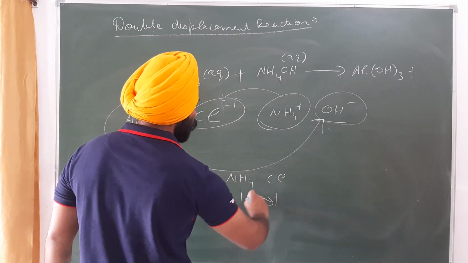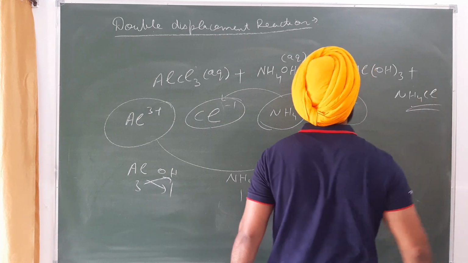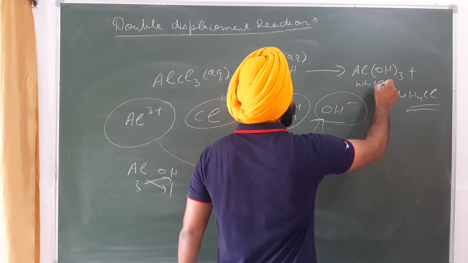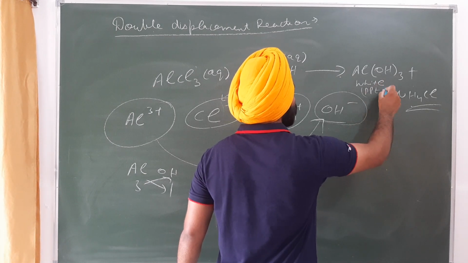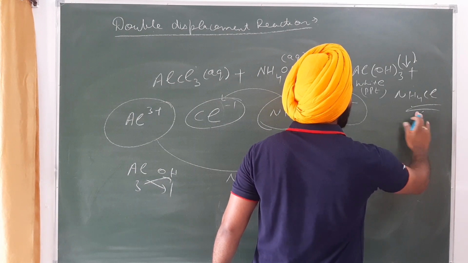This is 1, this is also 1, so NH4Cl. These are the white precipitates. They will settle down, and NH4Cl will be in aqueous form.